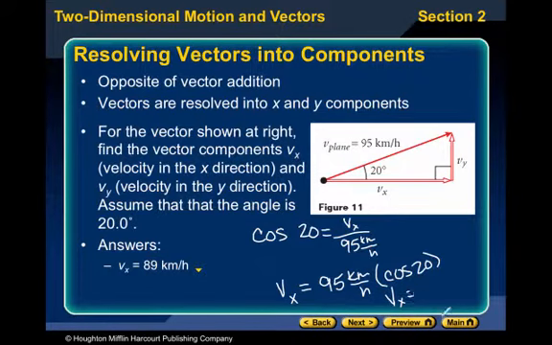So Vx is, let's make sure we get the right answer, 89.27. So in significant figures, since we only have two numbers here, that's why they answer in two numbers.